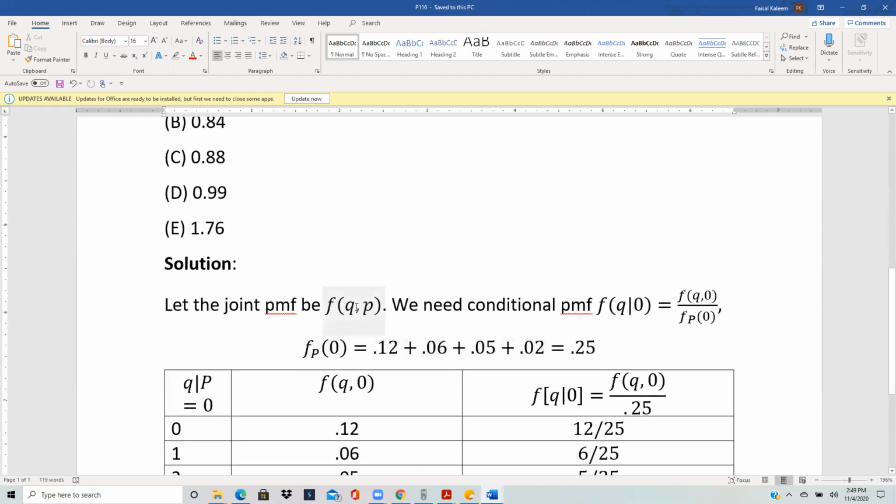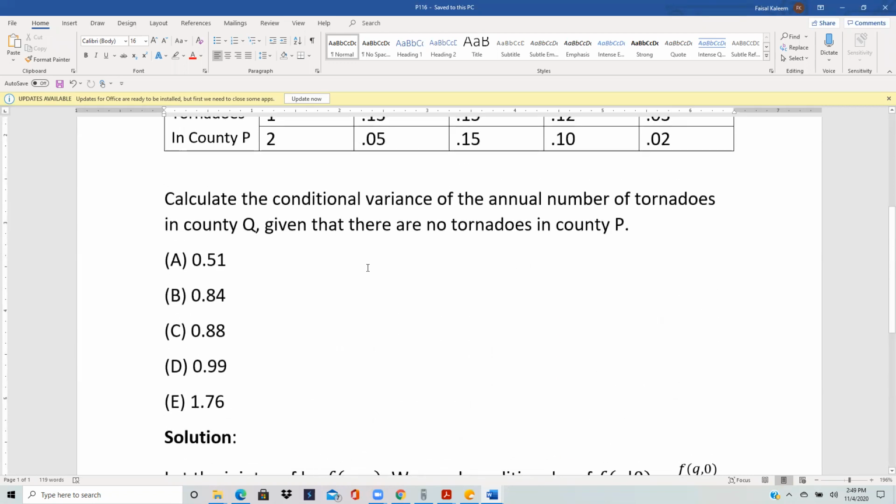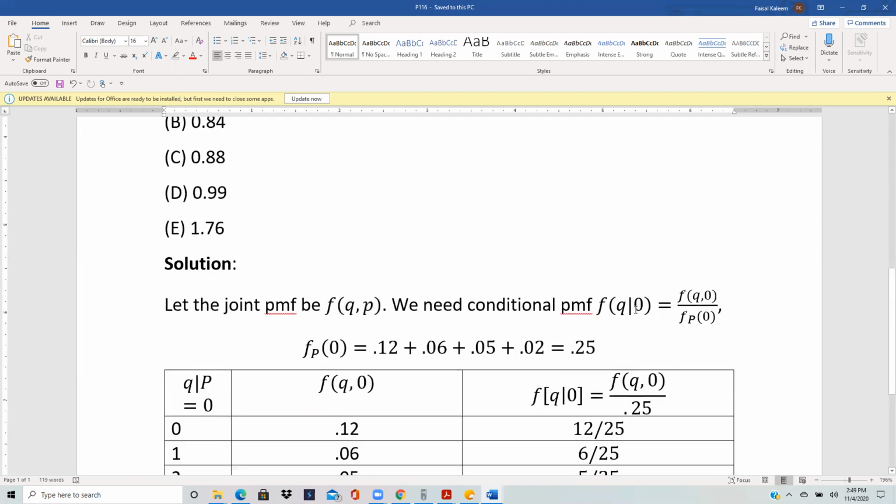So to get the conditional variance, we need the corresponding conditional PMF, the PMF of Q given P equals 0.